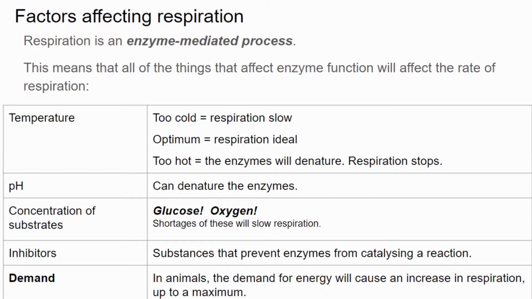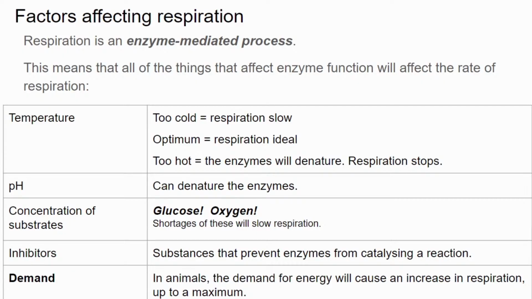And if we're talking about aerobic respiration, we're also talking about oxygen. So if our supply of glucose is low, then respiration will be slow, regardless of whether it's aerobic or anaerobic respiration. And if we're looking at aerobic respiration, we also need a good steady supply of oxygen as well. So if oxygen supply is limited, then this will also slow respiration.